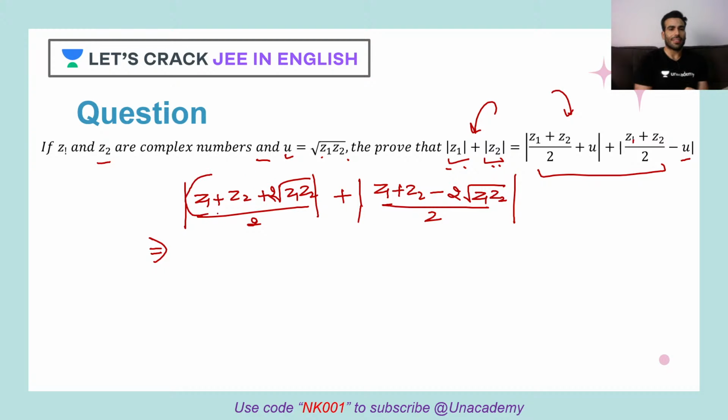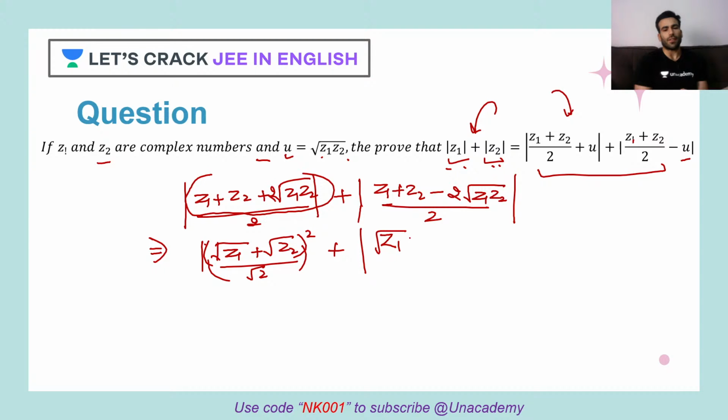It seems as if it's a square of root of z1 plus root of z2, by, let's say, root 2. So I'll bring it into the bracket. Now this is root of z1 minus root of z2 by root 2's whole square.